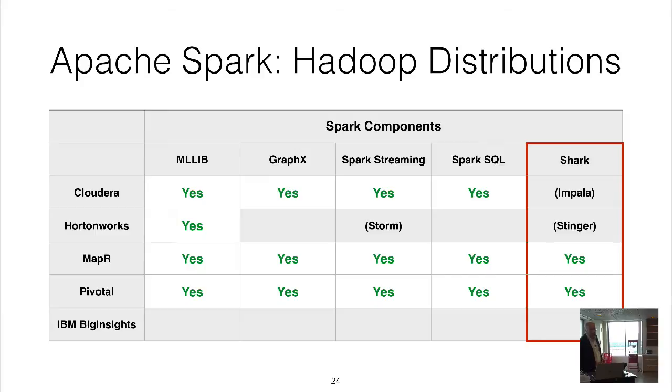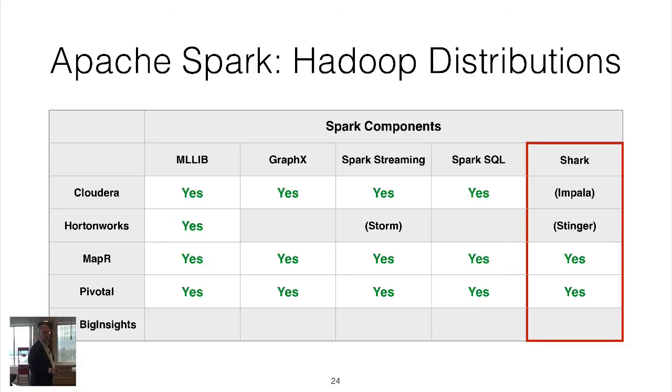And Horton is also aggressively supporting Apache Storm, which is an incubator project that also does streaming. As I said before, I'm not going to talk about streaming because it's a complicated subject, but there is sort of a question whether Storm or Spark will become the leading contender for streaming analytics.